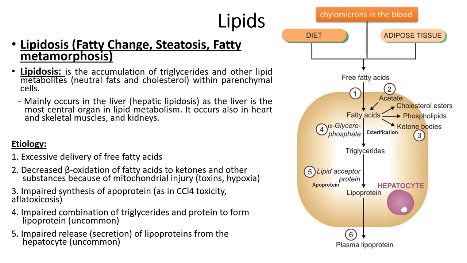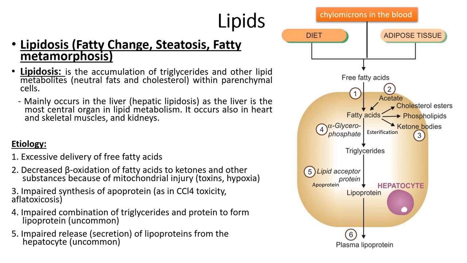Like if there is decreased conversion of free fatty acids to products like cholesterol esters, phospholipids, and ketone bodies. This means there is increased conversion to triglycerides, and then leading to lipidosis.